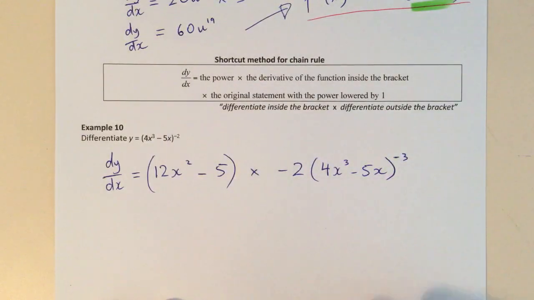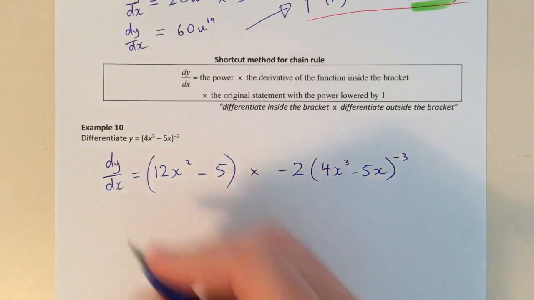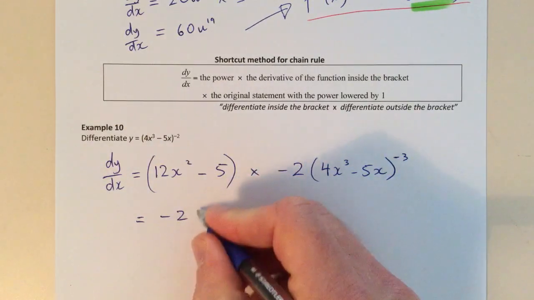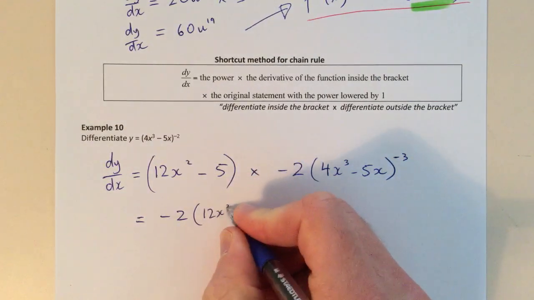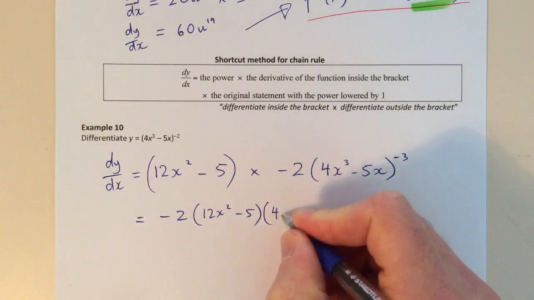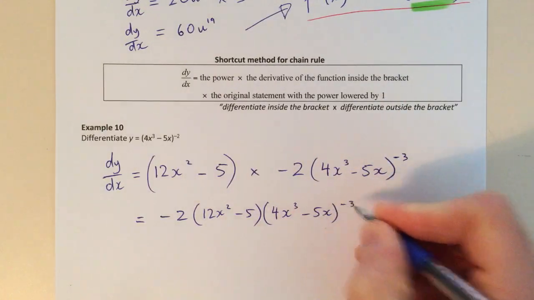So you get to the power of negative 3. And so, writing that somewhat more neatly, you could say that dy dx is just going to be equal to negative 2, put the negative 2 in front, times (12x squared minus 5) times (4x cubed minus 5x) to the power of negative 3.